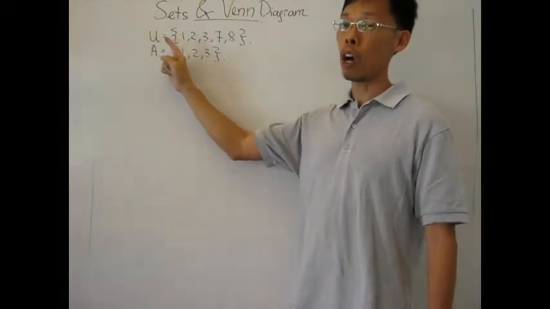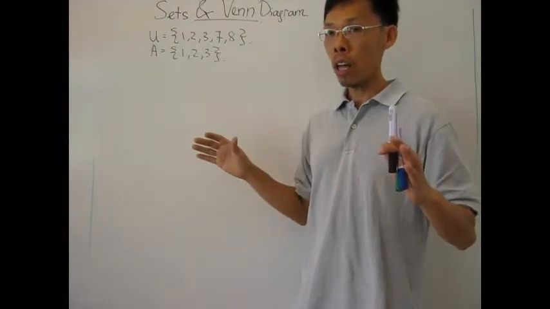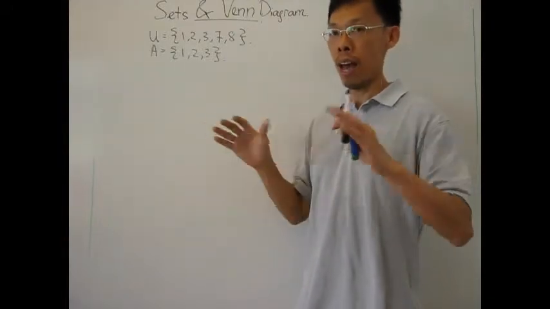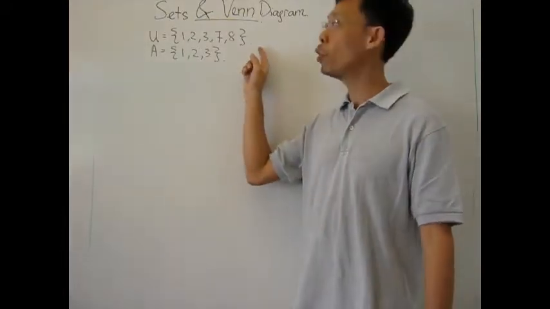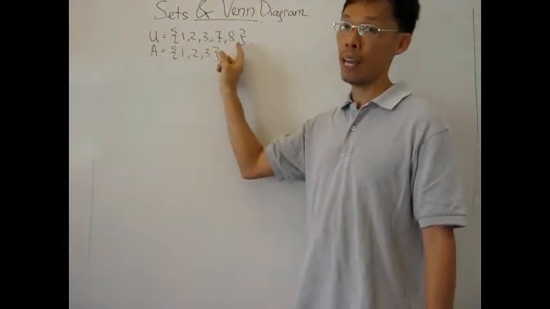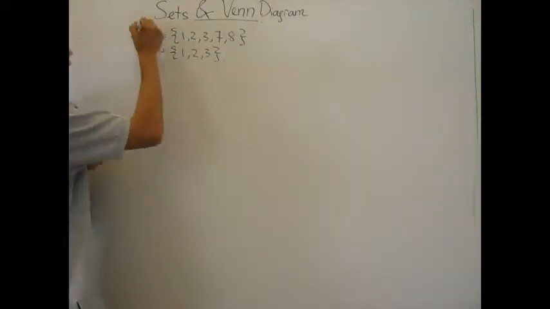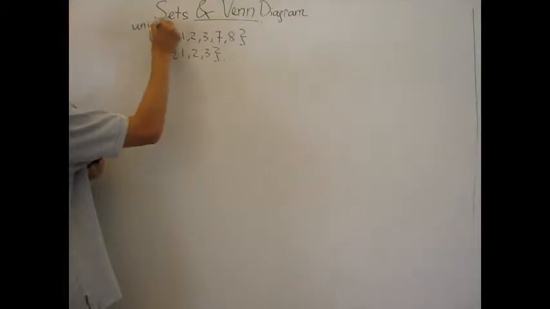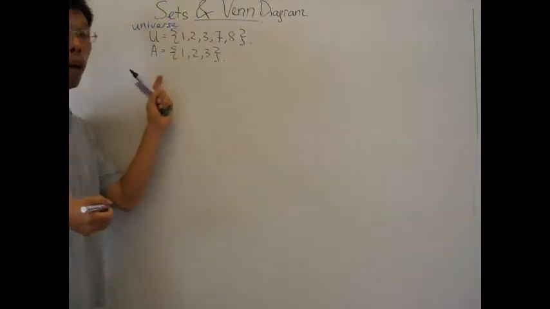The universe consists of all the elements or all the items that are relevant to our particular question. So in this particular case, our universe is 1, 2, 3, 7, 8. Universe is written as U-N-I-V-E-R-S, universe. And we have another set A, which is 1, 2, 3.